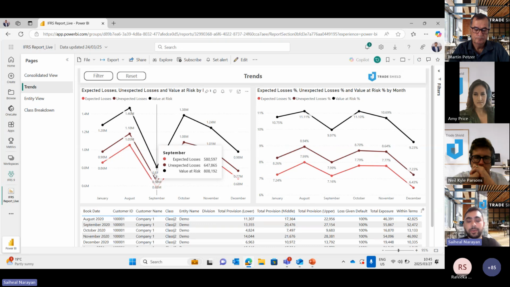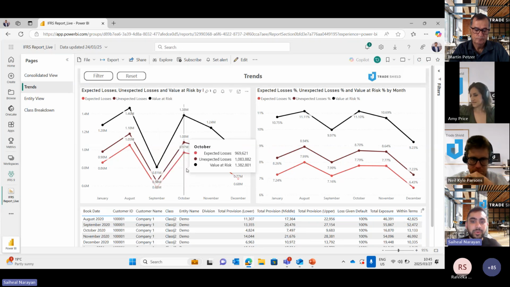Maybe I never gave credit to the riskier people I'm not supposed to be giving credit to, and I'm now giving credit to the less risky individuals. That's why I can provision much less than I needed to compared to the months of October, November and December. So your provisions do change over time.